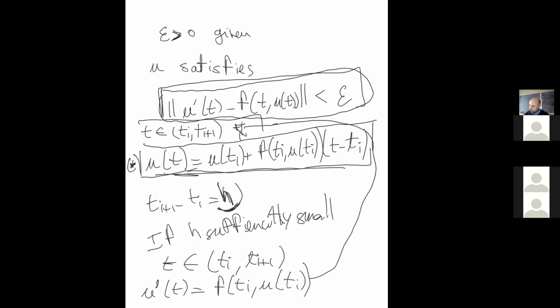So as you said, now this is only f(ti, u(ti)) minus f(t, u(t)). We want to estimate that, for t not everywhere, t belongs to [ti, ti+1].